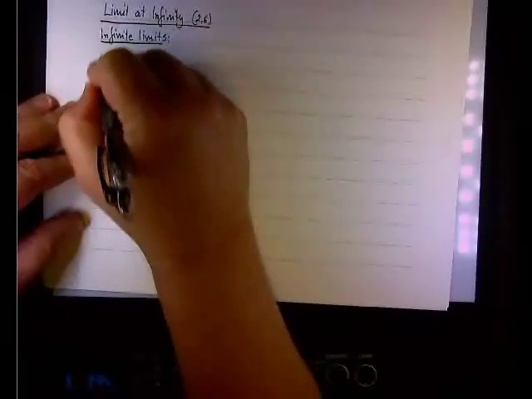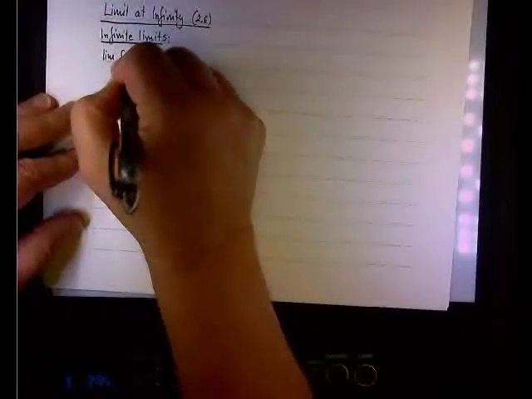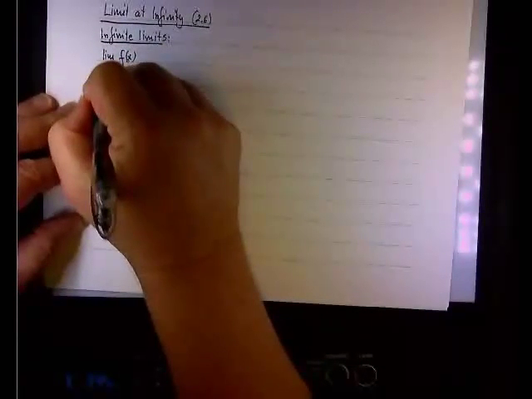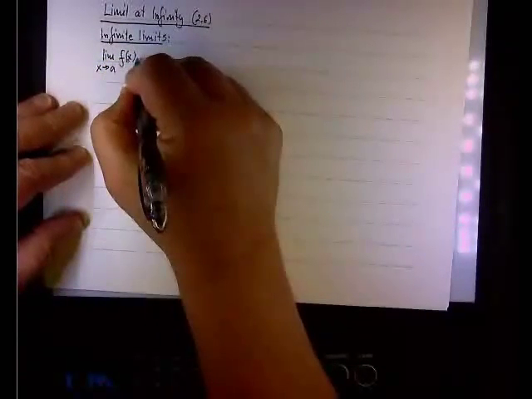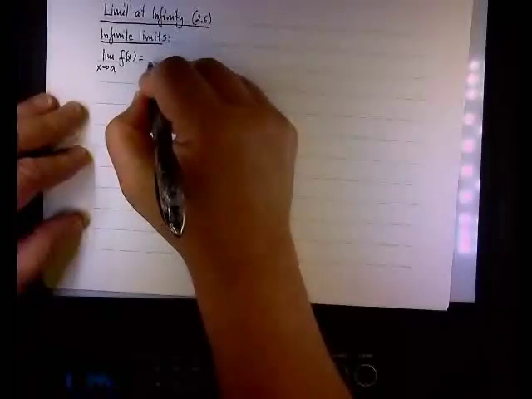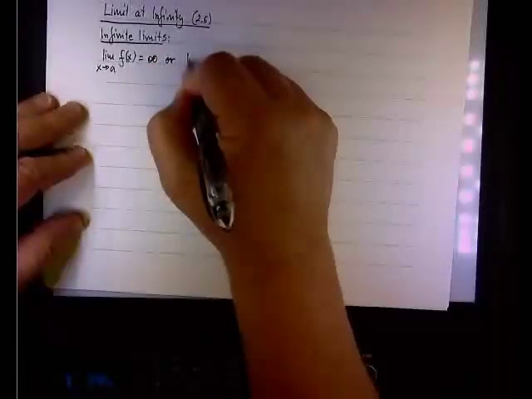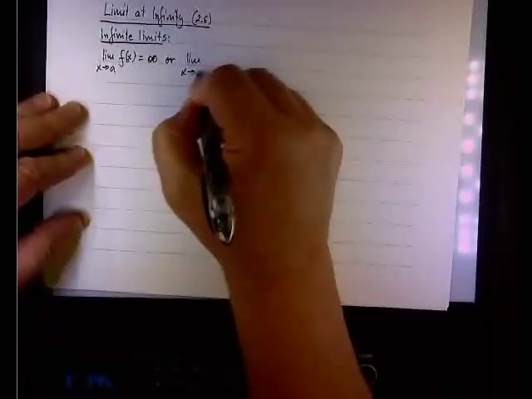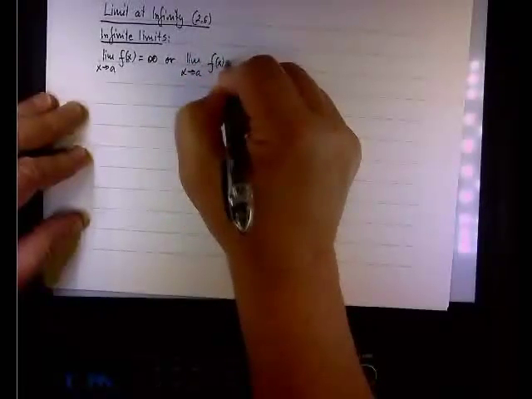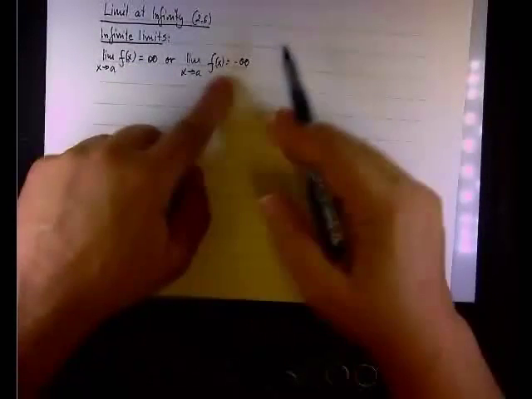It's the limit of f of x when x approaches a, when the limit equals infinity, or the limit when x approaches a equals negative infinity. Those are infinite limits. In other words, the limit itself goes to either infinity or negative infinity.